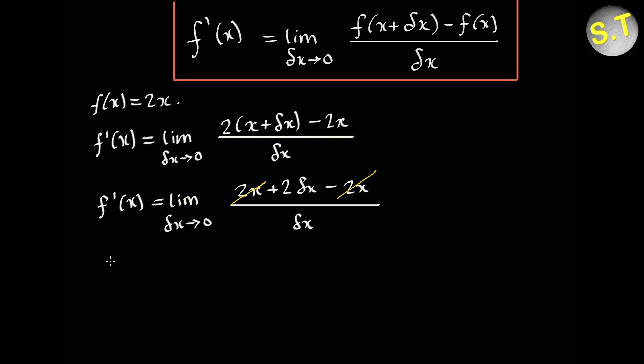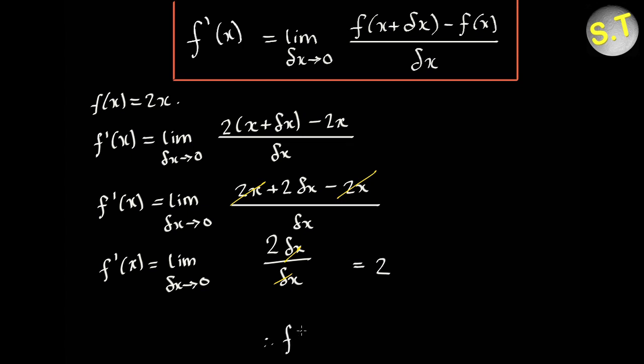And then we're left with the first derivative of f of x is equal to the limit as delta x approaches 0 of 2 delta x over delta x, which again very easily cancels down to being equal to 2. So therefore, the first derivative of our function 2x is equal to 2.